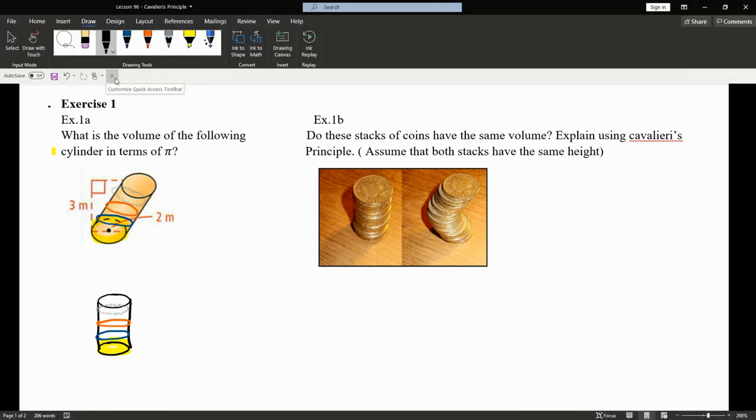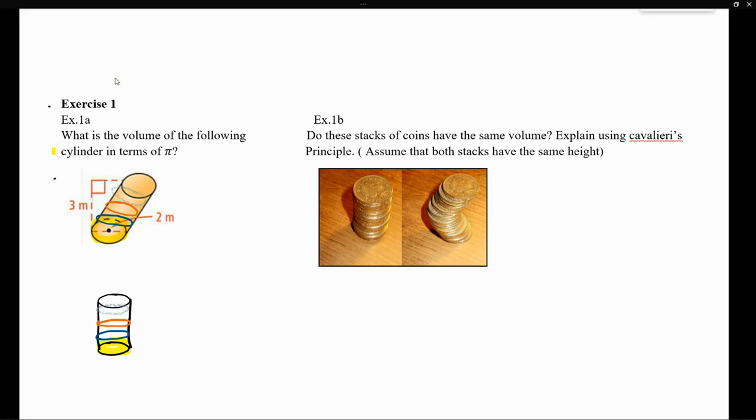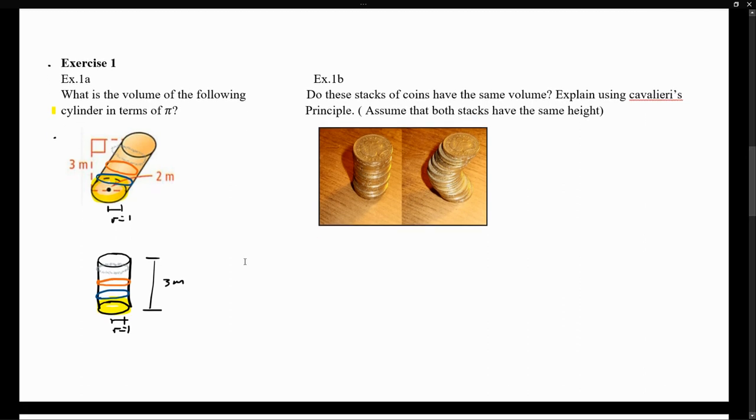So finding the volume of this slanted cylinder is equivalent to finding the volume of this right cylinder, where we're still talking about a height of 3 meters. My diameter is 2 meters, so my radius is 1.